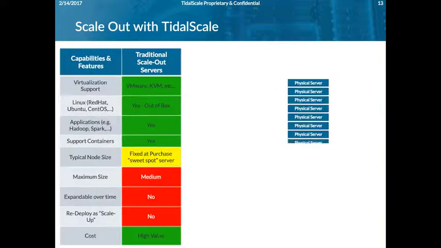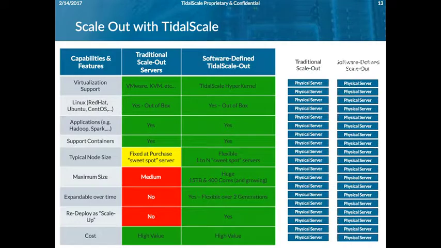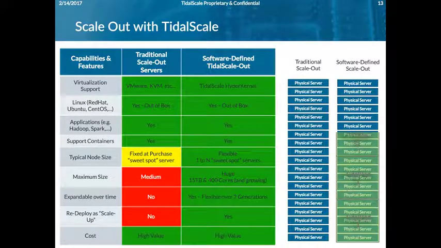Similarly, we can simplify scale out. I mean, there may be some problems that don't fit in 20, 30, 40 terabyte systems like you can get with TidalScale. You might still want to get a few hundred terabytes in memory, and you may still then need to run Spark across many TidalScale nodes. But the thing you get with TidalScale is you drive simplicity into the stack, because instead of having to run hundreds or thousands of nodes, you can run 5 or 10 or 20 TidalScale nodes.